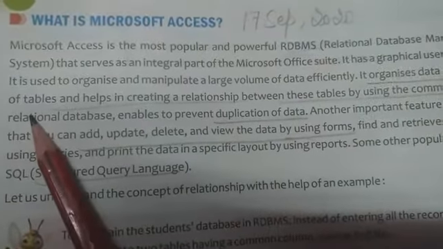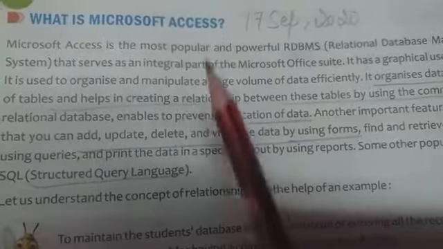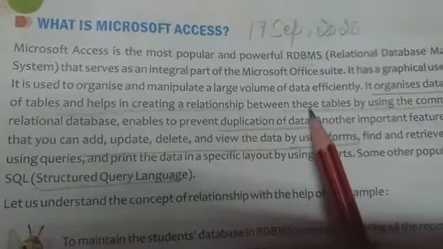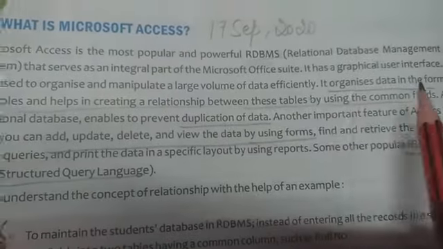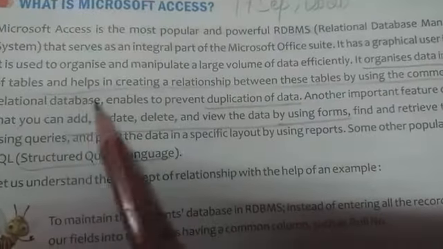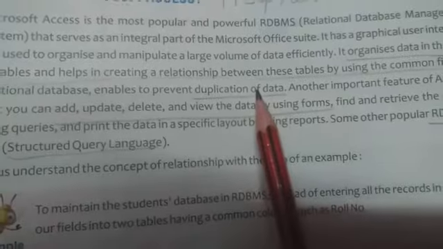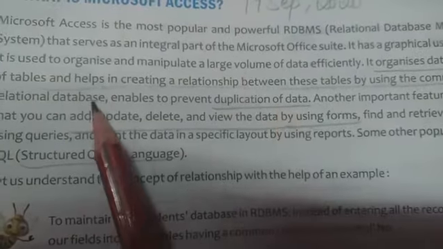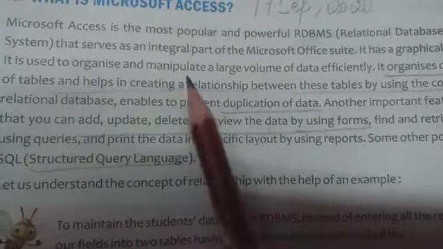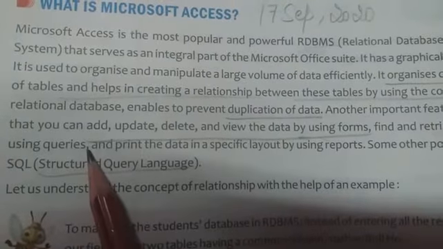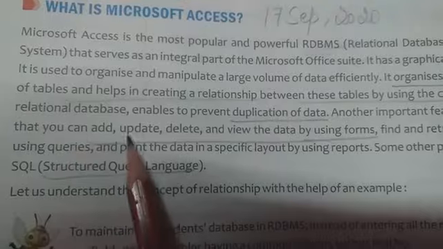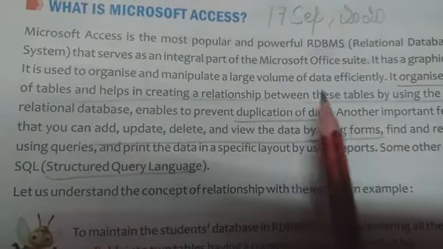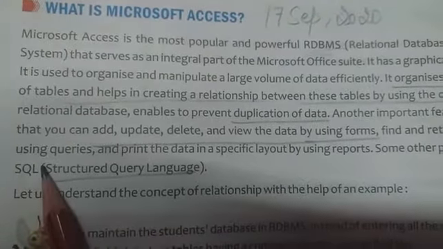Yes, in the form of tables we can store our information, and we can also create a relationship between these tables. So by using the common fields, a relational database enables us to prevent duplication of data. Yes, if anywhere we enter duplicate data, then it will intimate us that we are entering duplicate data.